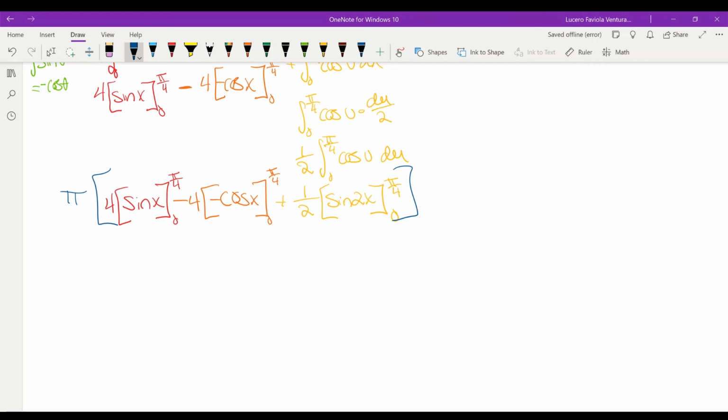Now we're going to plug in our x values. So once again, I'll expand it some more.